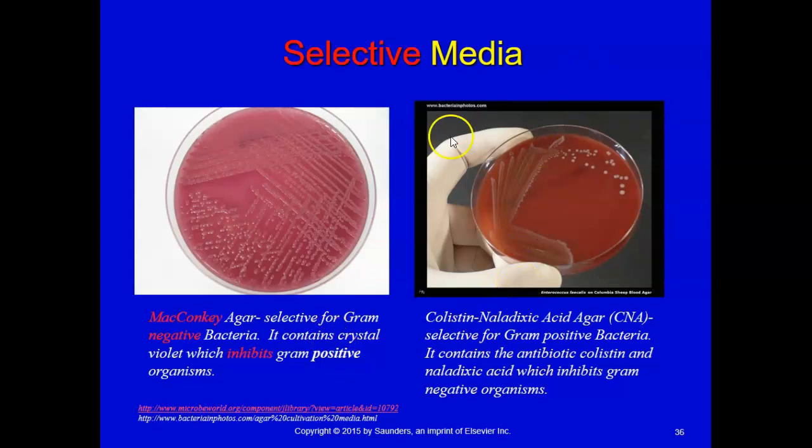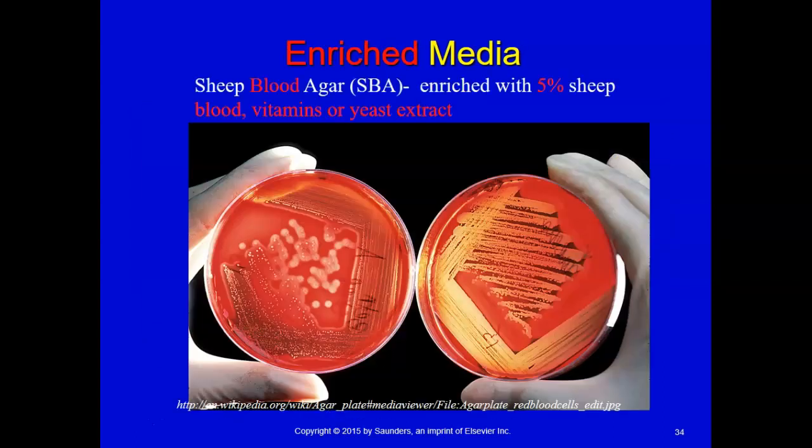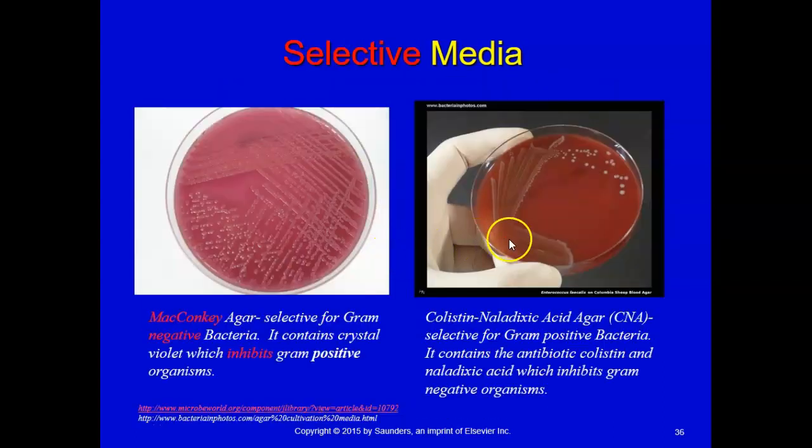This is another example on the right of an agar that is selective for gram-positive. This is called colistin nalidixic acid, or CNA, and it is a blood agar plate, the same 5% sheep blood agar right here, and they've added these antibiotics, which select for gram-positive.